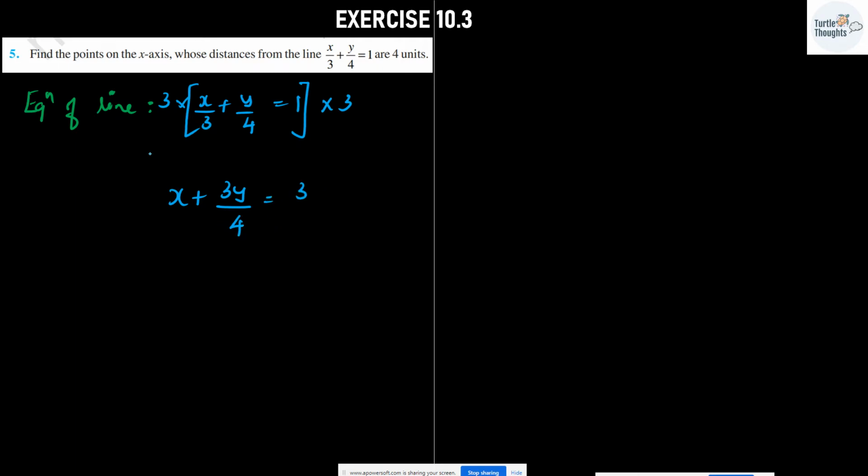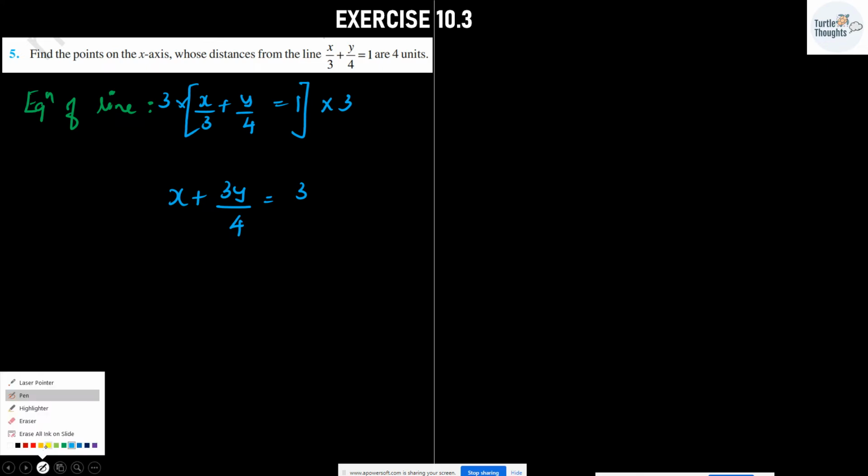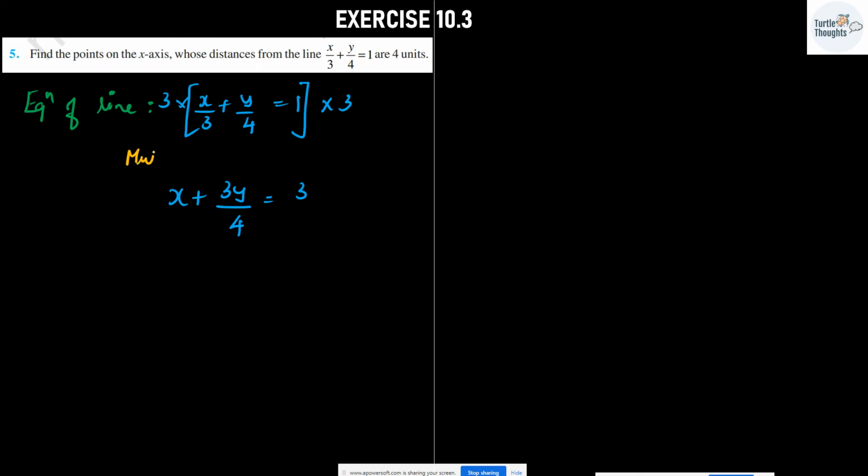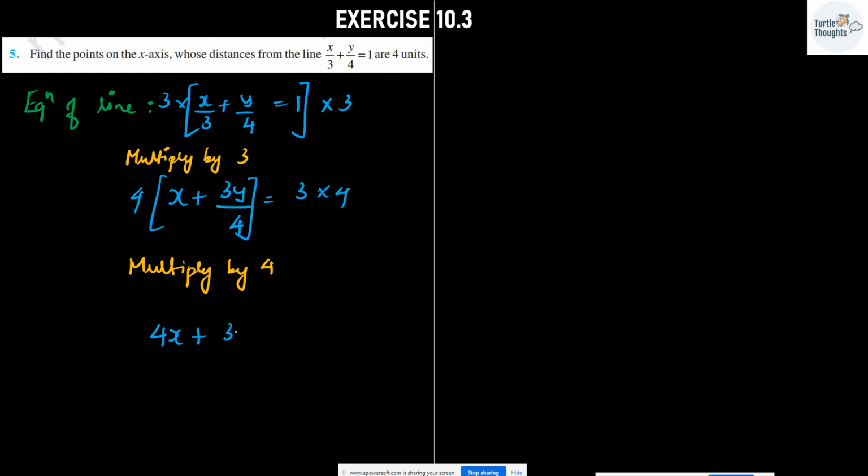Again, multiplying with 4, you will be getting 4x plus 3y is going to be 12. You can take this as equation number 1.